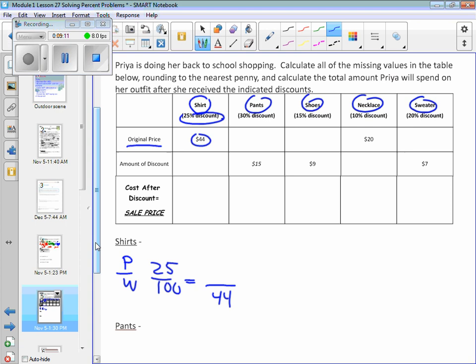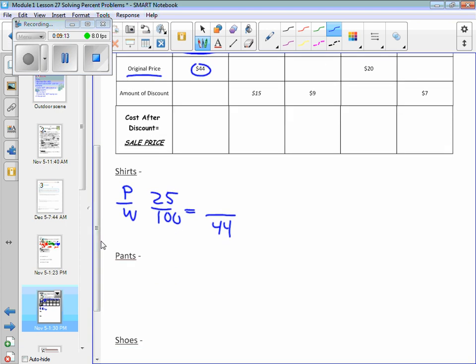We have another step with this because you cannot automatically see that there is a number that will go into 100 evenly. Or I should say 44 into 100 does not go in evenly. So what do you have to do to your 25 over 100? All right, Nick.